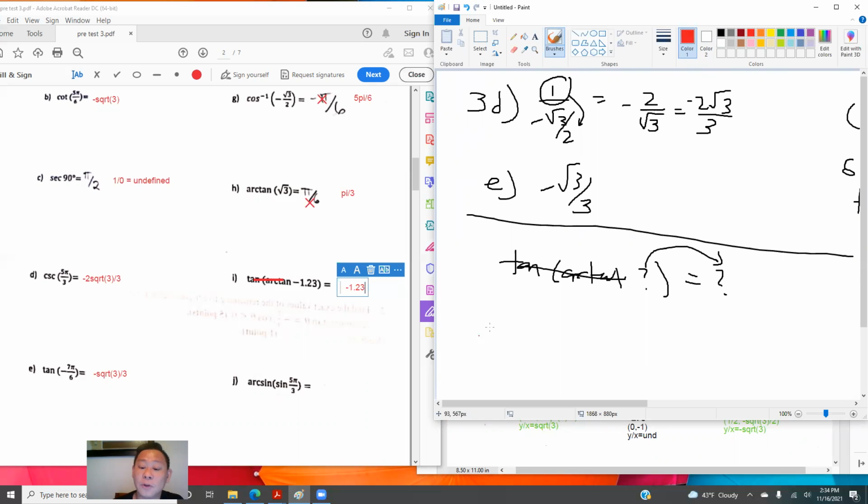But what happens if you have sine and arcsine of a number, or cosine and arccosine of a number? Can you just cancel this and write this number down here? No. This number has to fulfill the range. And what is the range for sine and cosine?